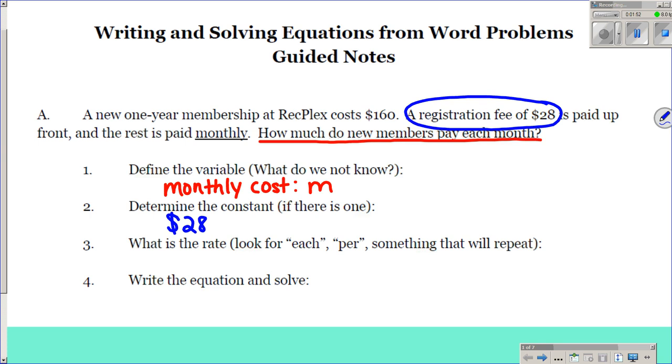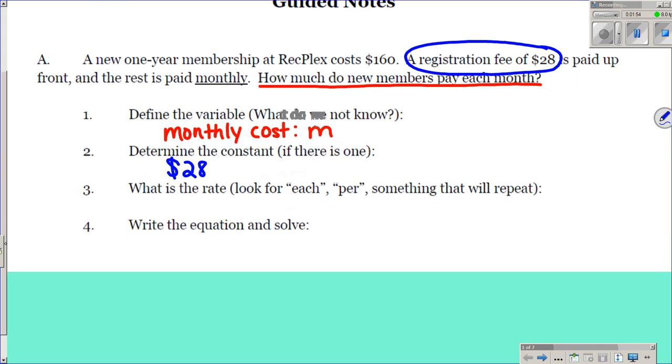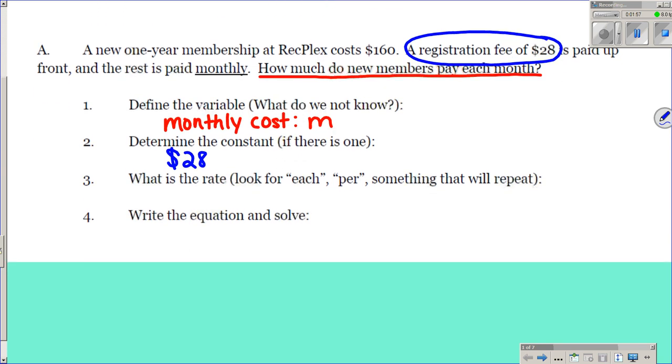So if you notice, they're paying $160, but $28 of that is registration fee. So if we take the $160 and we subtract the $28 registration fee, we can find how much remains as the monthly cost. 160 minus 28 simplifies to 132.